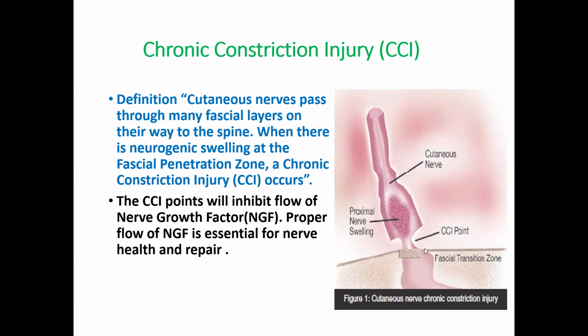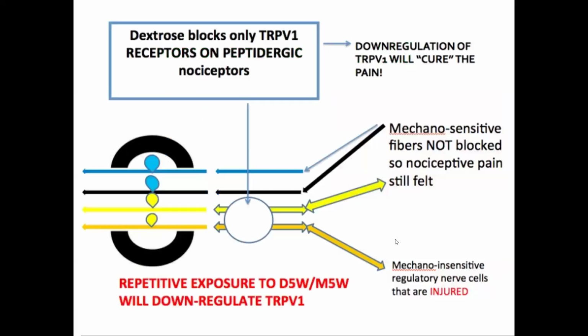And this is why when you inject the dextrose, you release it. And this is how you treat the pain syndrome. And this picture shows that injecting the D5W actually downregulates these vanilloid receptors, or what we call the TRPV1 receptor.